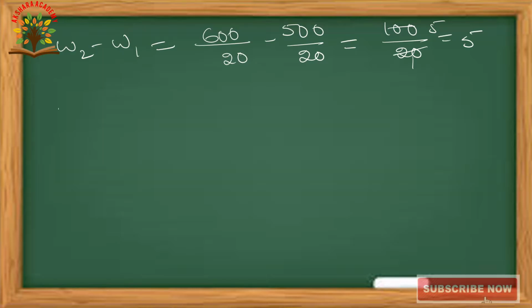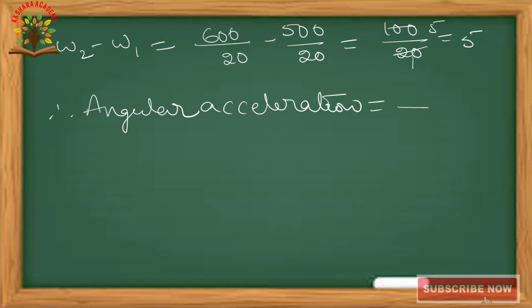Now we are calculating angular acceleration, which is the change in angular velocity, omega 2 minus omega 1, by t. Omega 2 minus omega 1 we are getting 5.